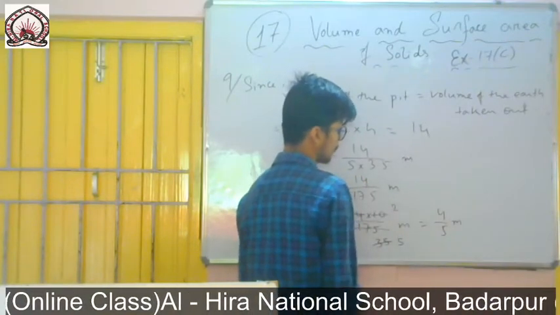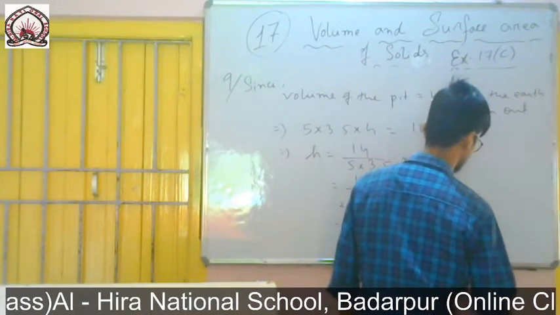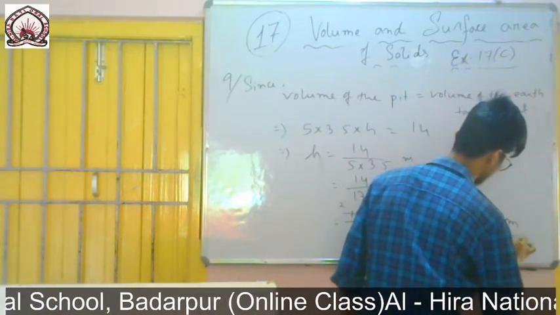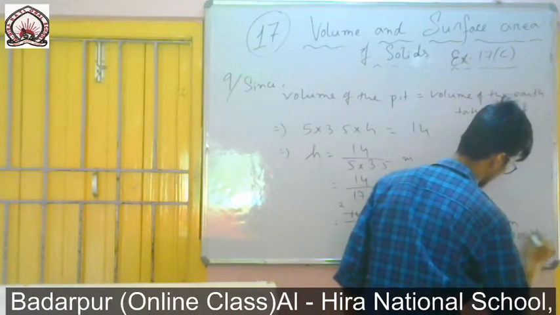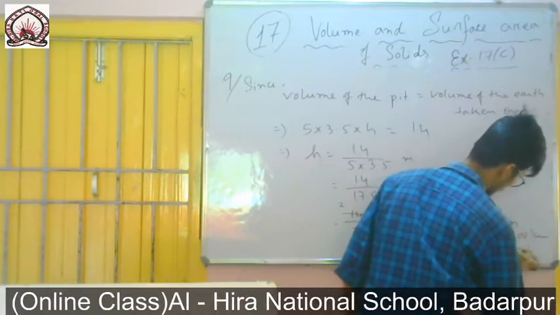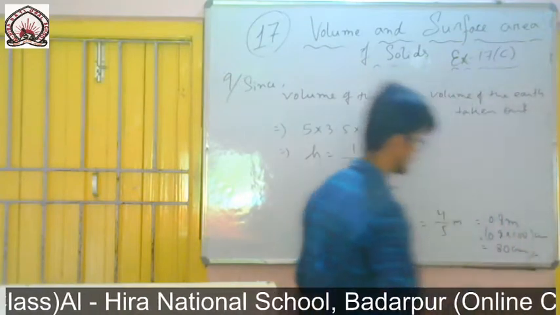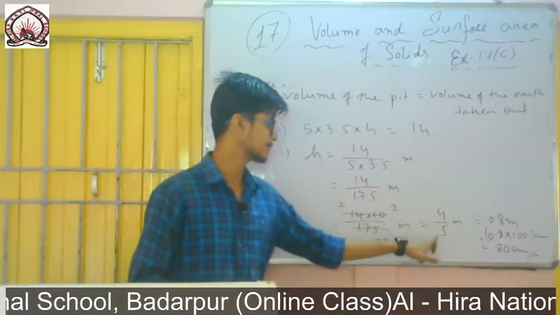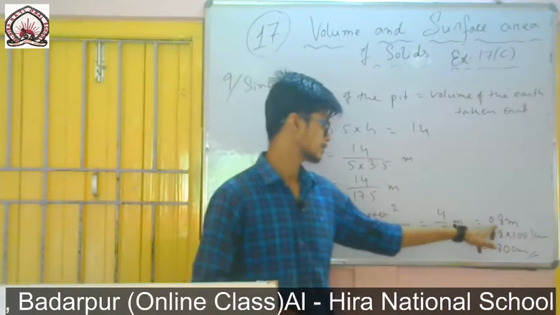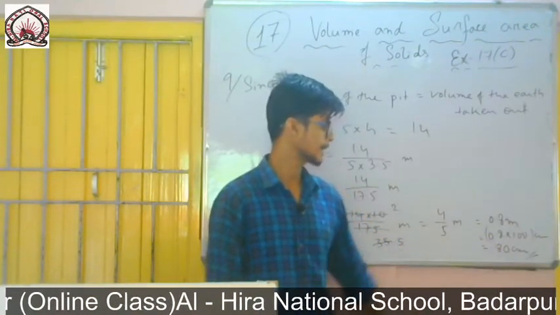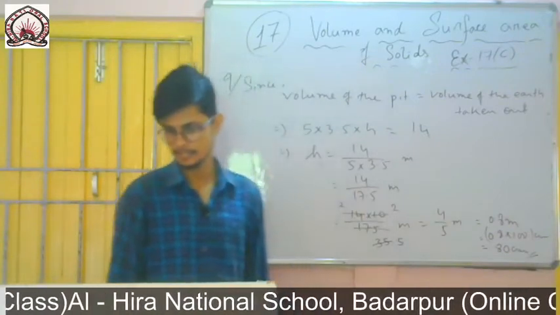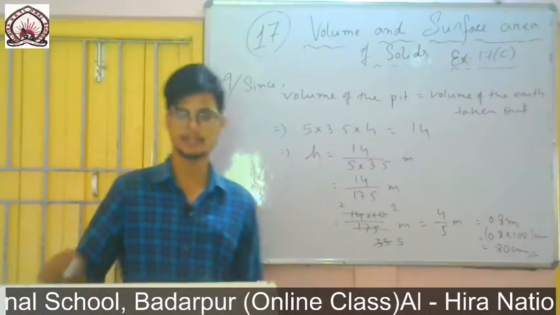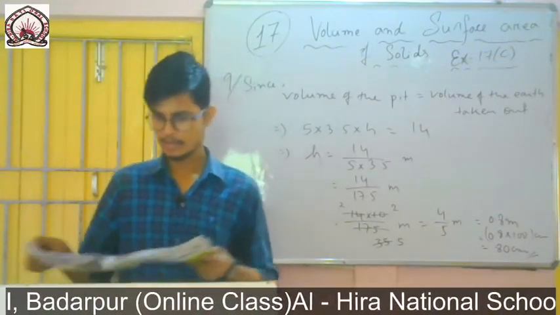So 4 by 5 meter means 0.8 meter, and we'll convert this into centimeter, we'll multiply it by 100, so it will be 80 centimeter. 1 meter equals to 100 centimeter, that means 0.8 meter will be 0.8 into 100.